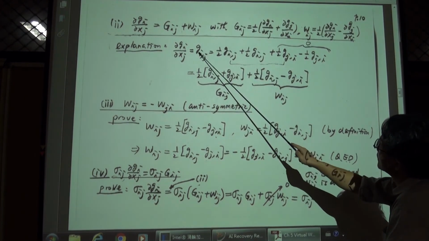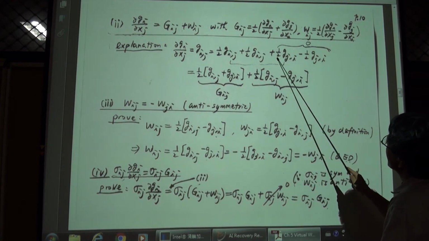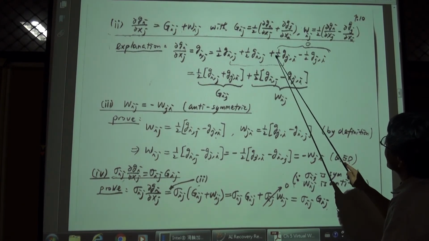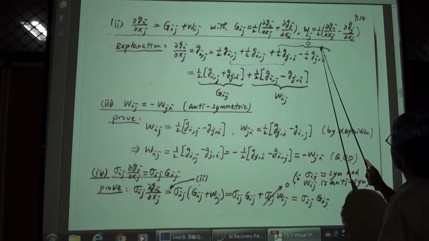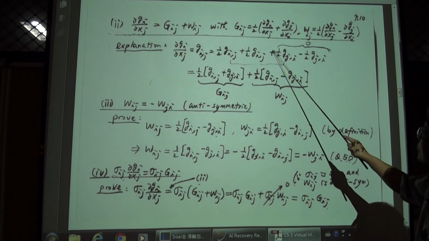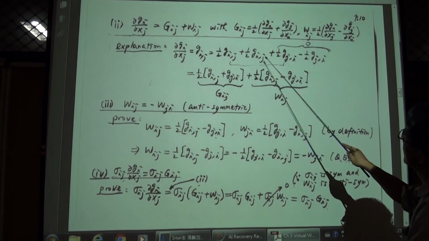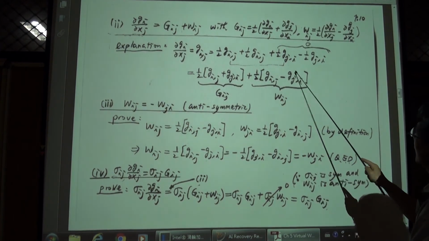We just split this term into two parts, and then plus this term minus this term. Okay, and then this term equals 0, so it doesn't change anything. Now this term and this term can put it here, and this term and put it here.